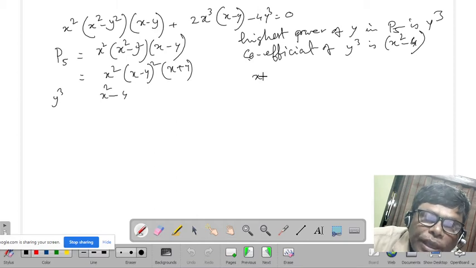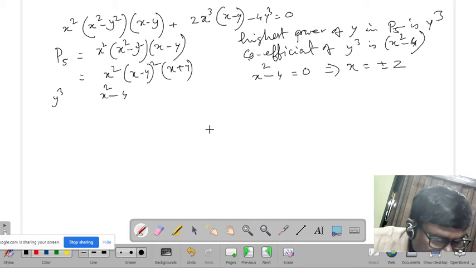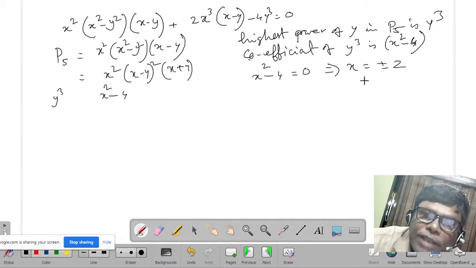So x square minus 4 equals 0. This gives you x is equal to plus minus 2. So these two are asymptotes in the form of x is equal to constant. Asymptotes parallel to the y axis are given by the x term only. So by making phi m equal to 0, we are getting this one.